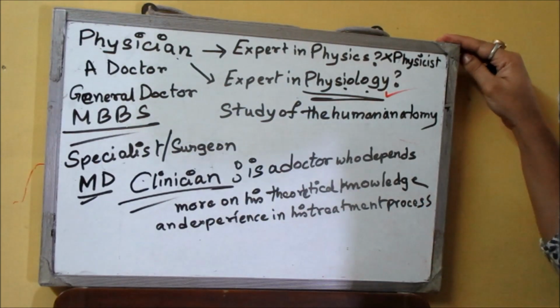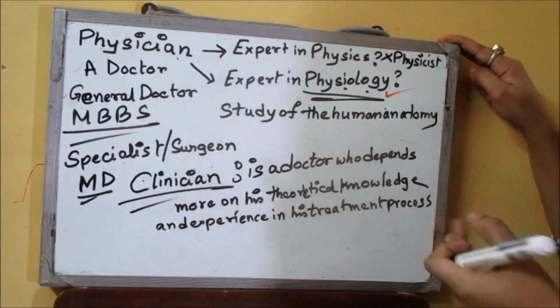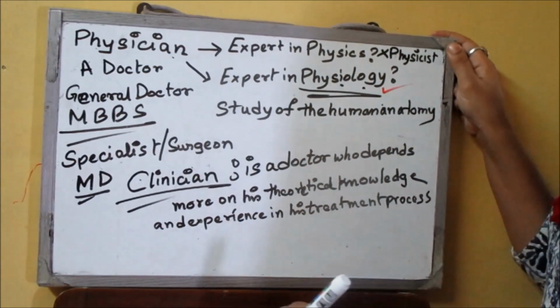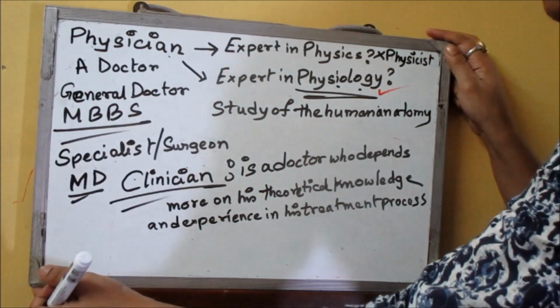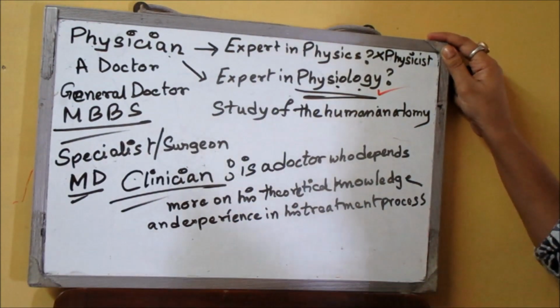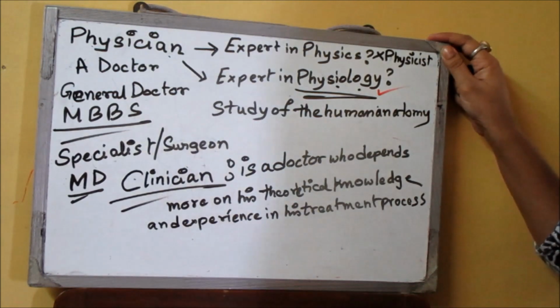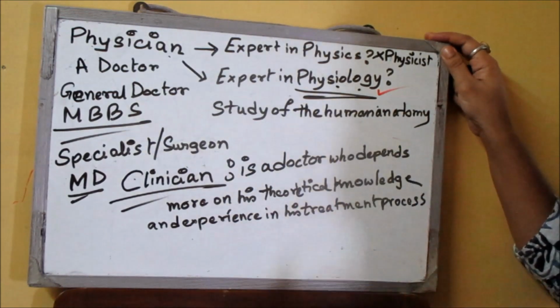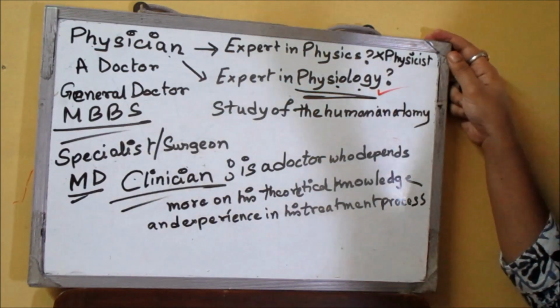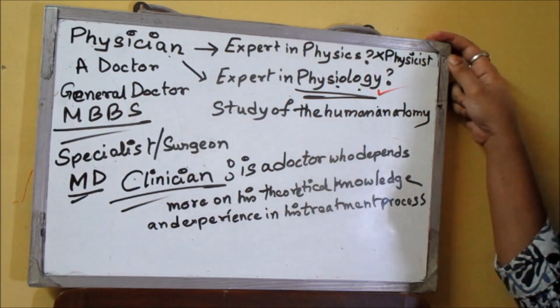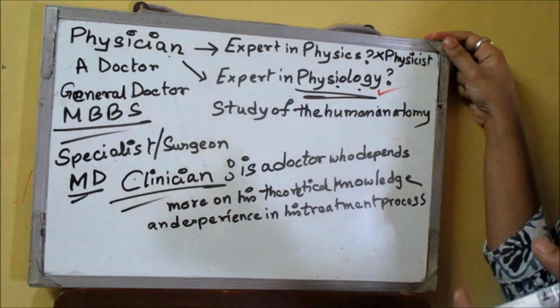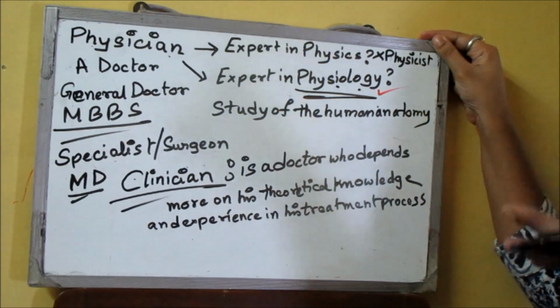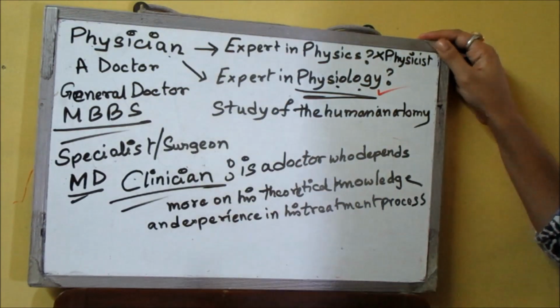So a clinician is basically a doctor who depends more on his theoretical knowledge and experience in the clinic, that is by meeting his patients face to face and evaluating his symptoms and treating them. Especially abroad, the doctors are heavily dependent on technology that aids them in the treatment of patients.